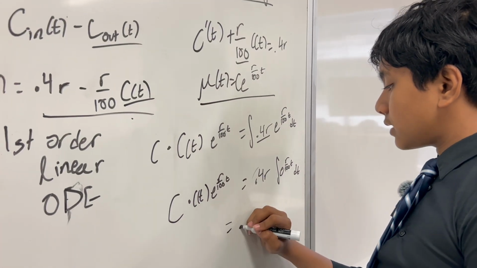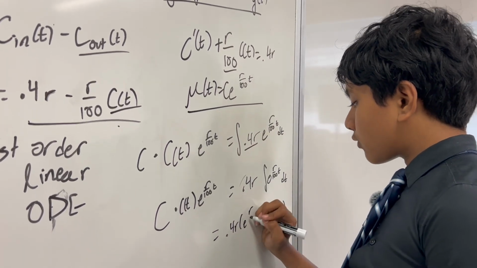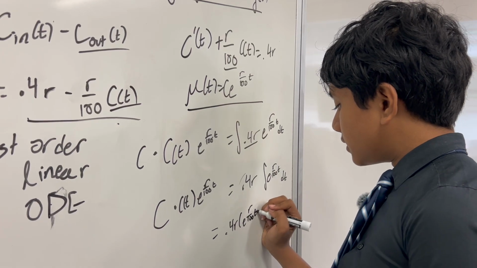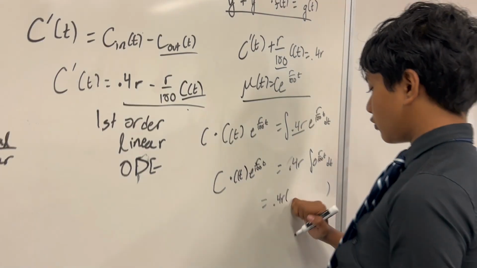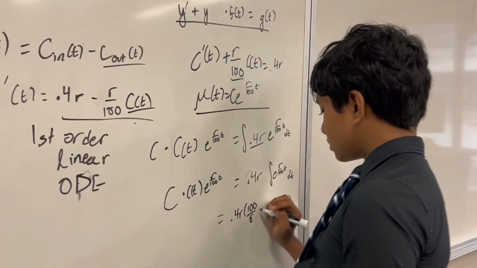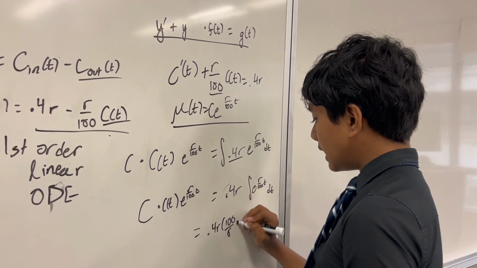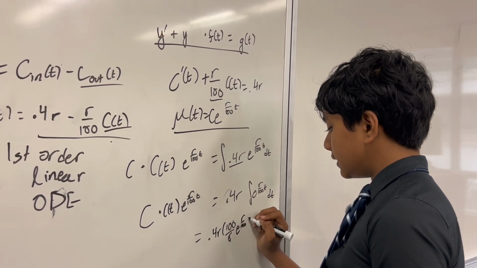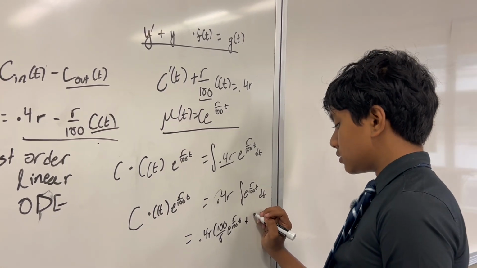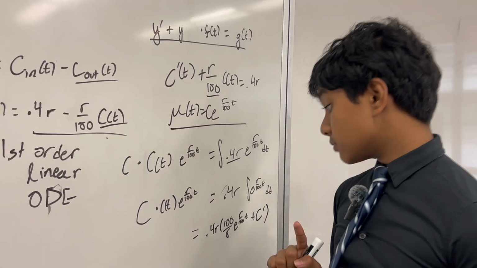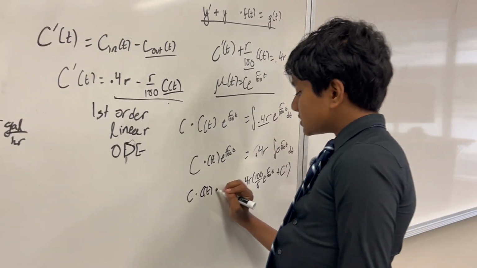All that happens is that we have 0.4r e to the r over 100 t, and we come out with a constant of 100 over r, actually. So we get 100 over r e to the r over 100 t, and then plus c prime. That is the most crucial thing here, because the constants actually matter.